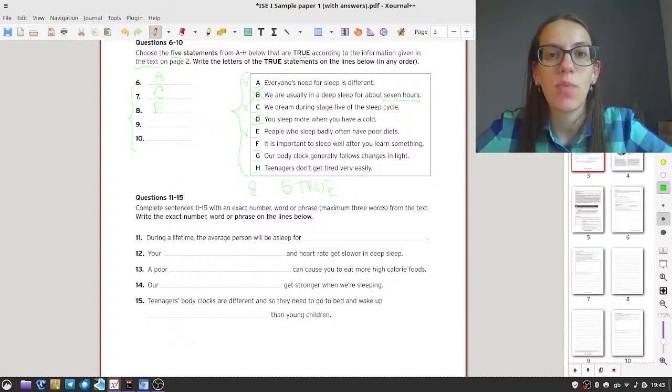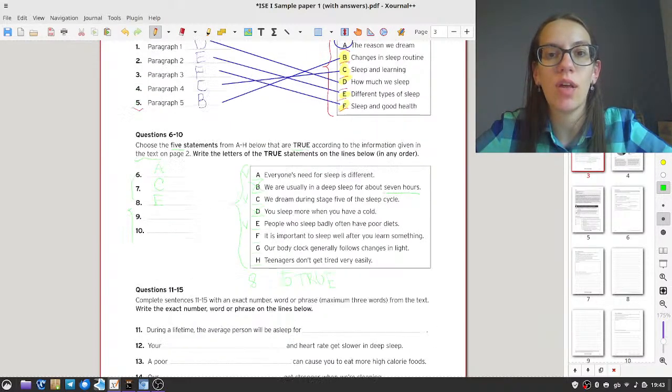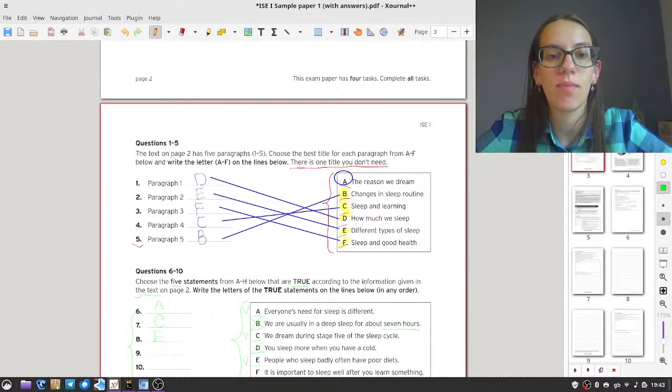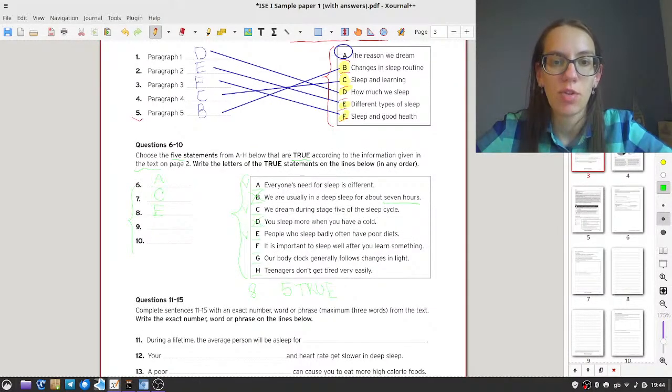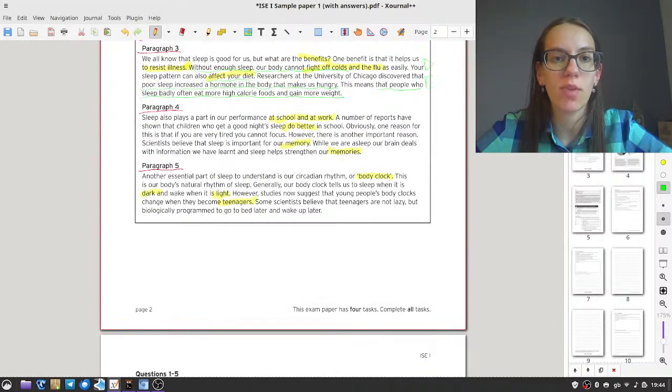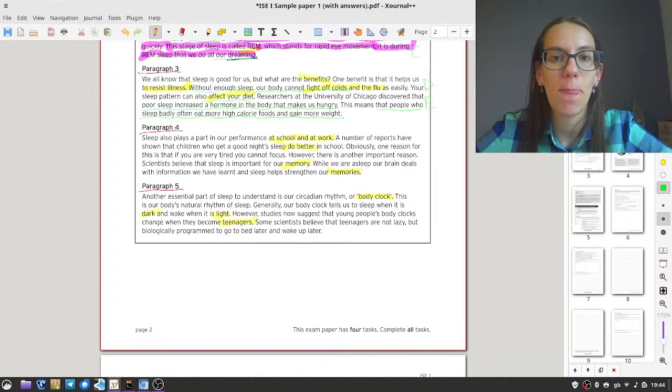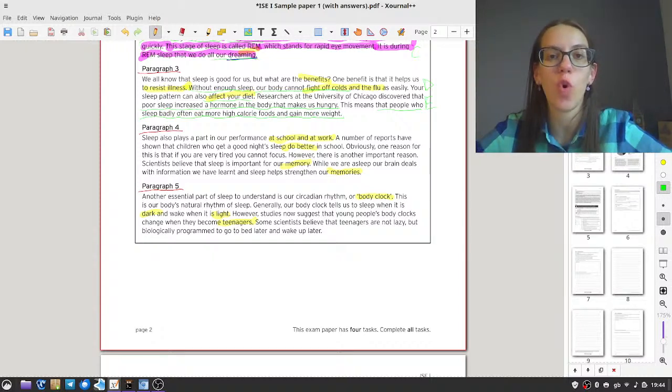F. It is important to sleep well after you learn something. So, learning. Learning was in paragraph 4.